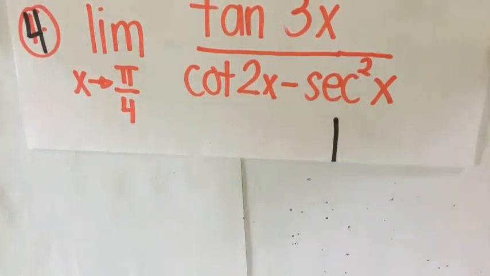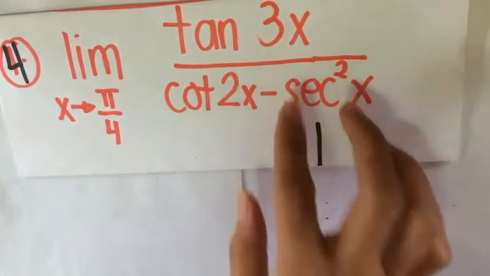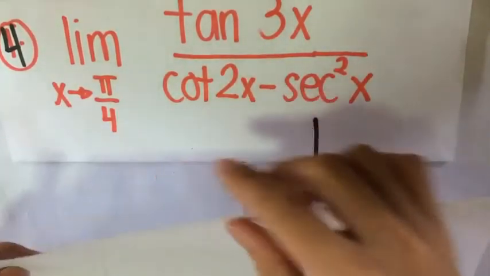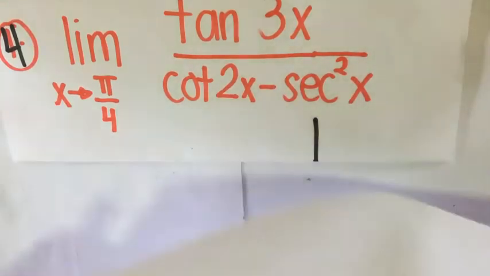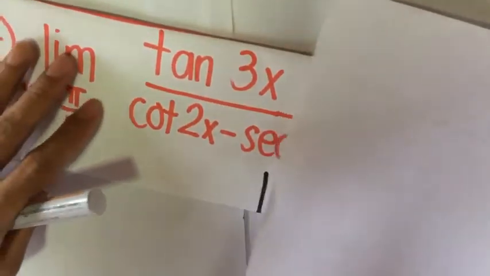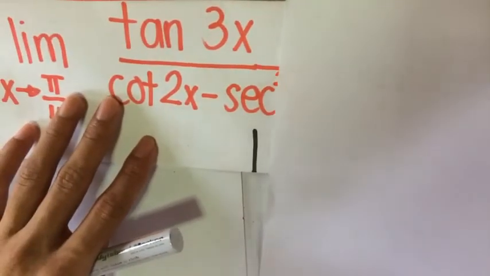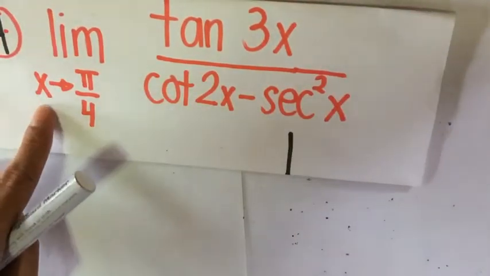So without further ado, let's solve this problem. Tan 3x cotangent 2x over secant squared x. Same thing that we did in our previous example: we simply use direct substitution where your x approaches.